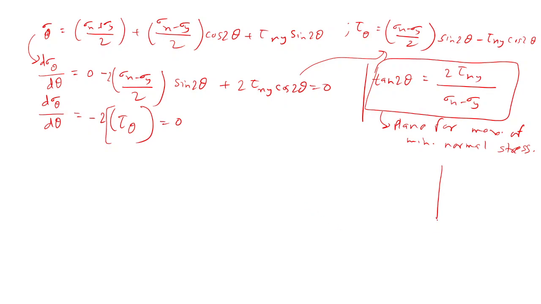You can easily find it, right? In tan theta, let's suppose you have 2 tau xy this and sigma x minus sigma y this. When you know perpendicular and base, hypotenuse you can find. And sin theta cos theta value you can get and put here, right?